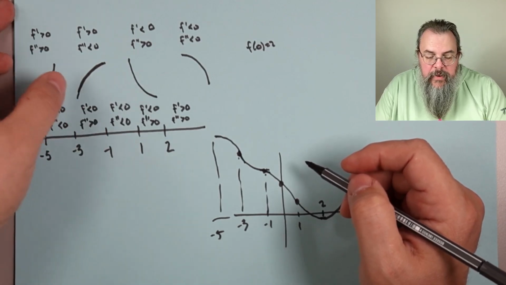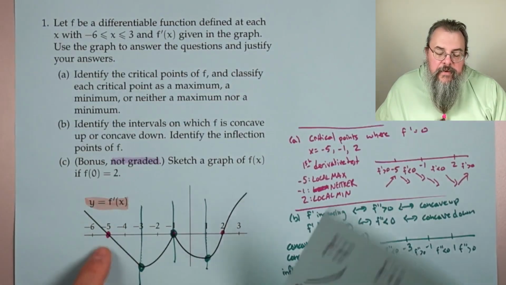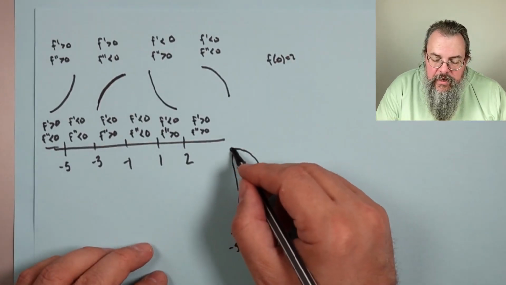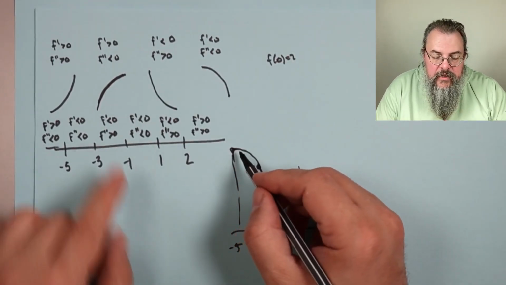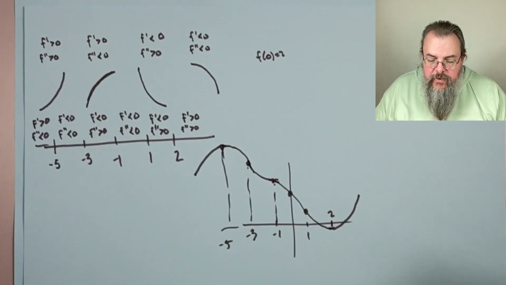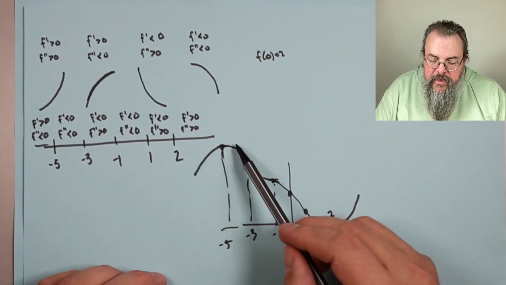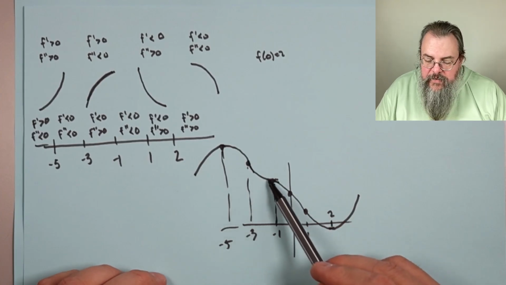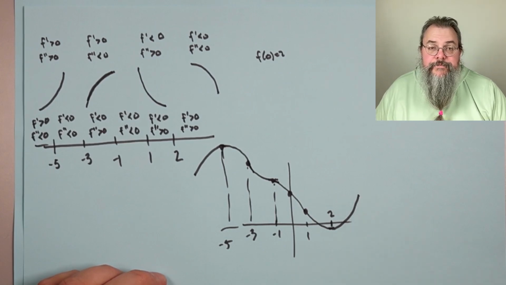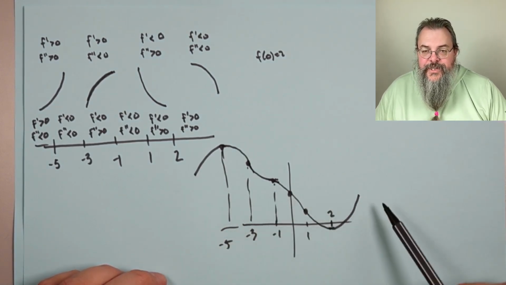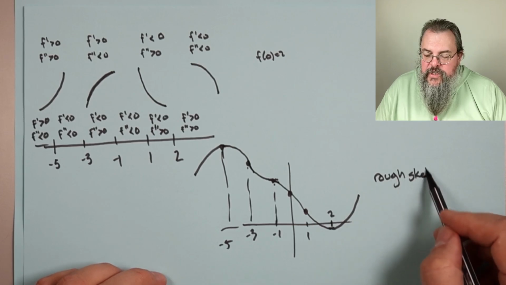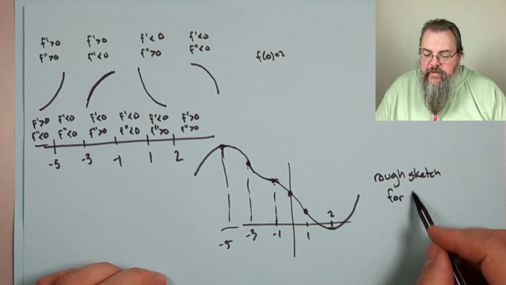And if we go back, we'll see that negative 5 is where we zero out, which means a flat tangent line, and we're going down again. There's a rough sketch: up, then down, and then we level off, go down, level off, back up. There's our function. So this is a rough sketch for the function f of x.